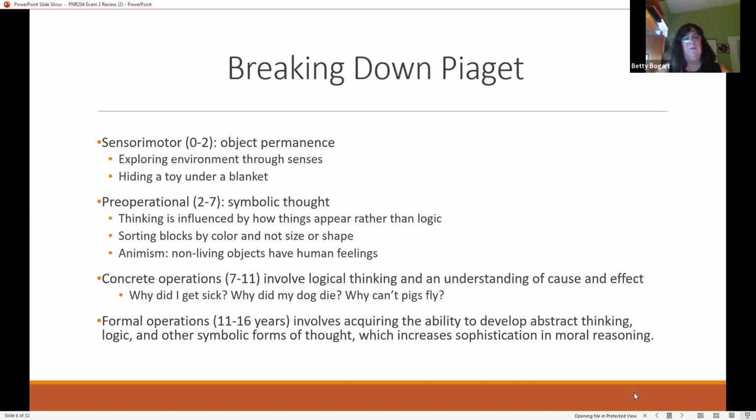Pre-operational, again, now we start talking about, not logic yet. They only know what things are until they start putting them together, as in they're going to say these are all the red blocks, the yellow blocks, the green blocks. They're not into these are all squares and rectangles and triangles. They don't know quite that completely yet.